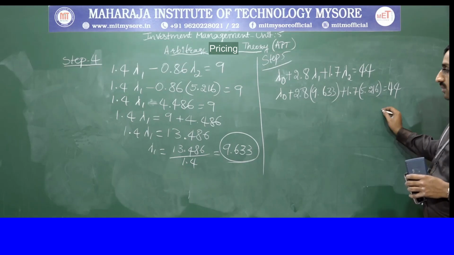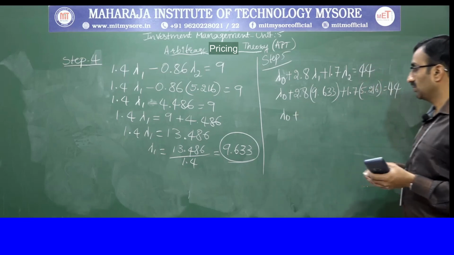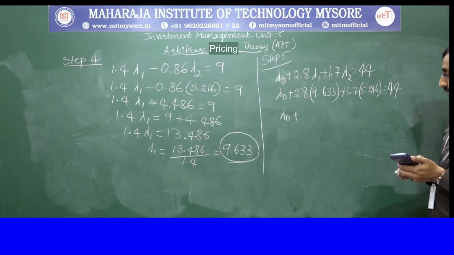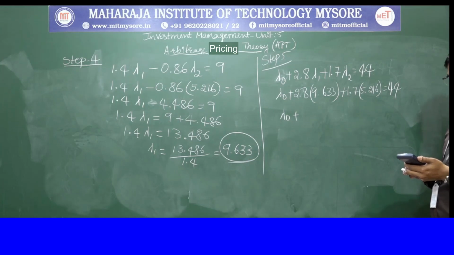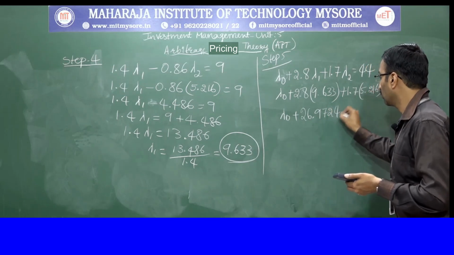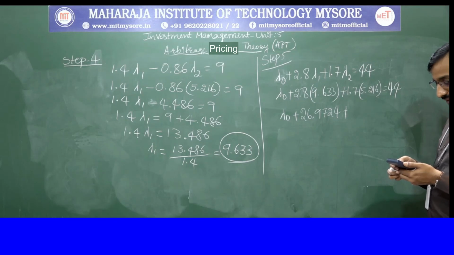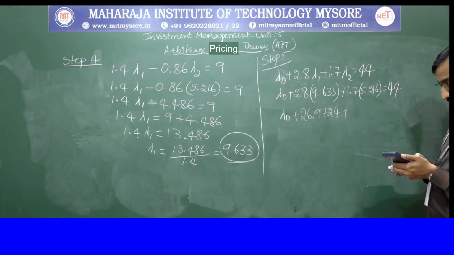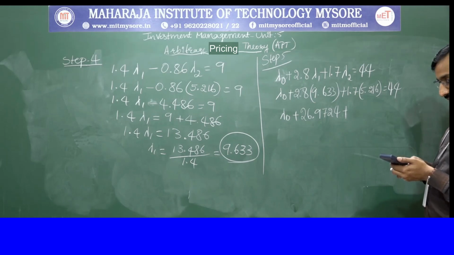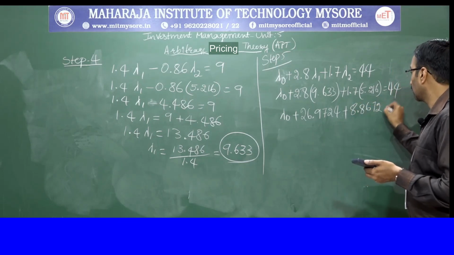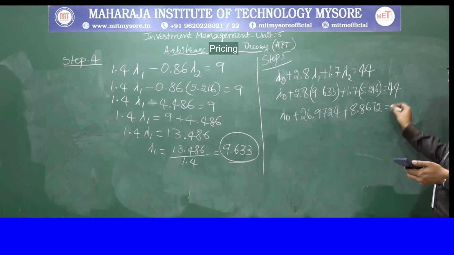So, then lambda naught plus 2.8 into 9.633, if you do, you will get 26.9724, plus 1.7 into 5.216, if you do, you will get 8.8672, that is equal to 44.